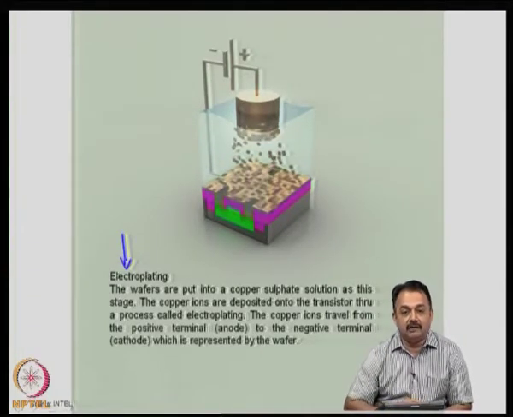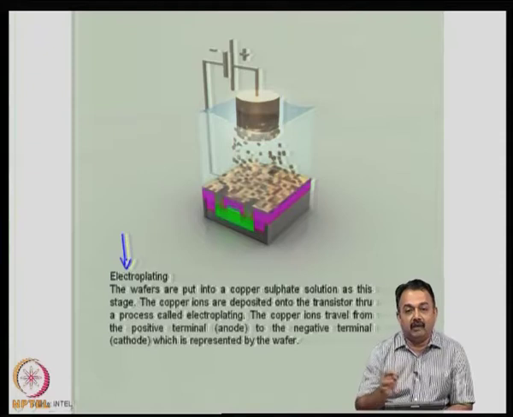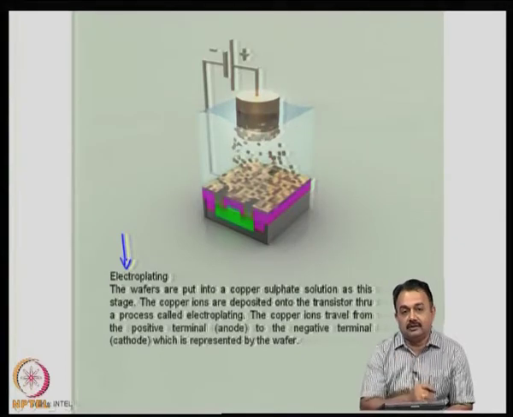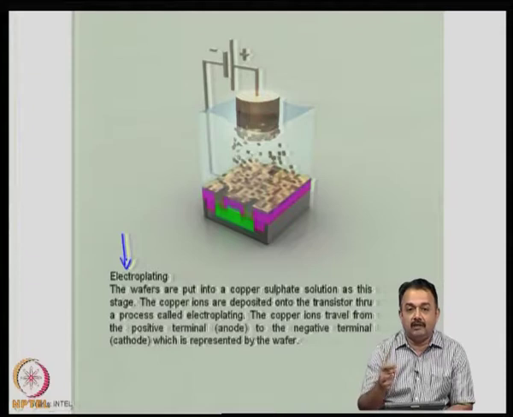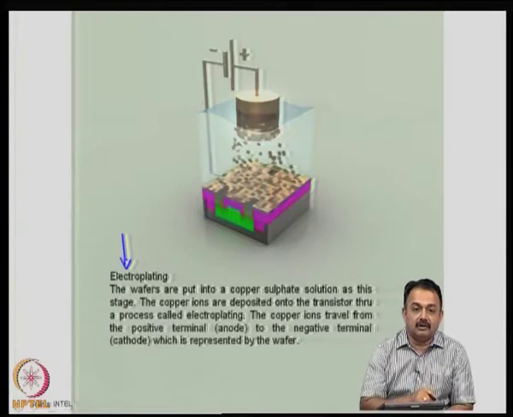Electroplating, as all of you know, is basic electrochemistry: you have an anode and a cathode, and then you have an electrolyte, and then you apply external DC, and then due to the transport of ions through the electrolyte at the cathode, the metal will be deposited. So, the metal from the pure anode will dissolve into the electrolyte and then be deposited onto the cathode.